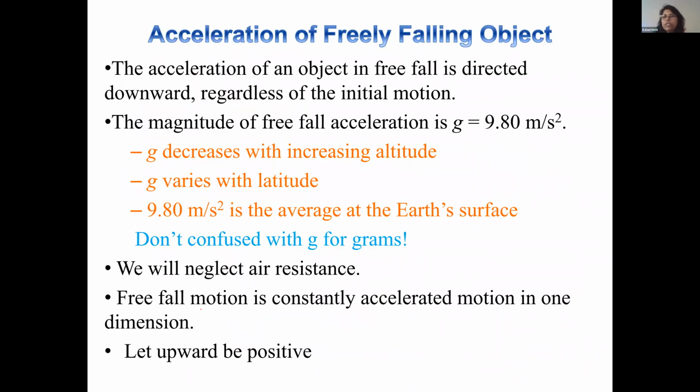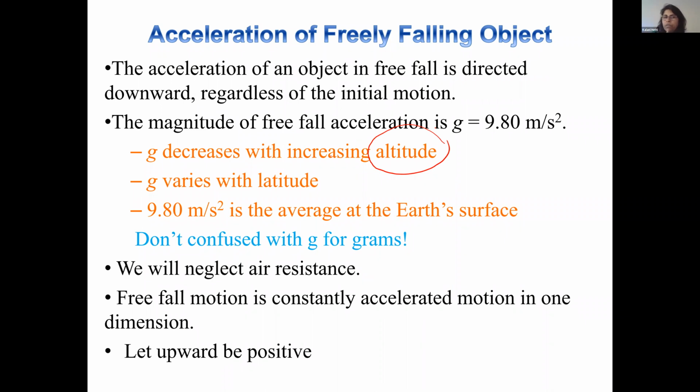Okay, a little more about this g value. This g value, we're going to take as a constant. Around New York, it will be 9.80, right? But it will change with the altitude. It will decrease with the altitude. That means if you go to Denver, you have less gravity than New York because it's a mountain area, right?